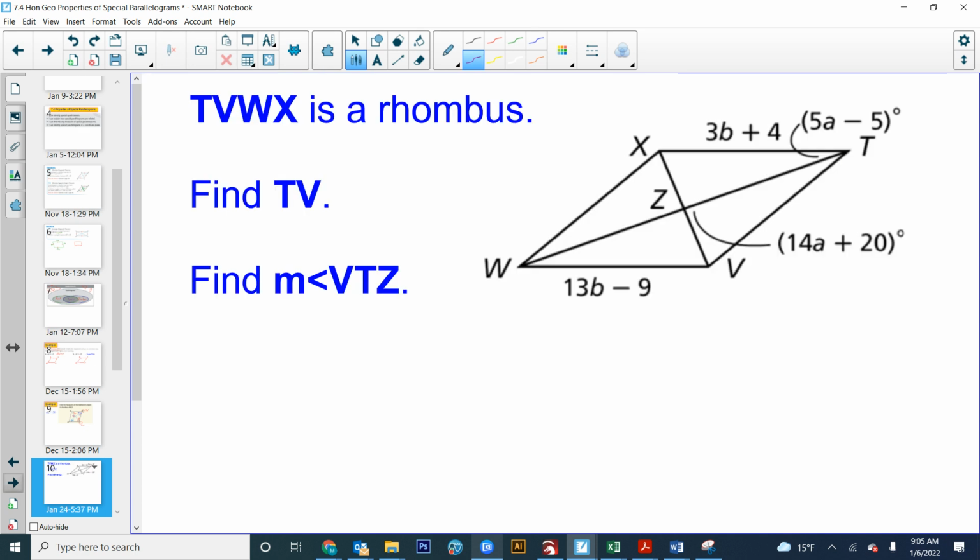All right, you're told this is a rhombus. Okay. What's the easy part here? Opposite sides are going to be congruent. So we're going to set 3b plus 4 equal to 13b minus 9. Subtract 3b from both sides. Add 9.